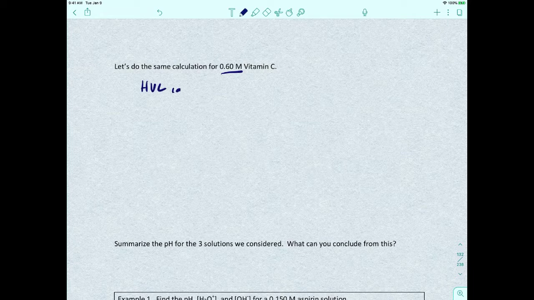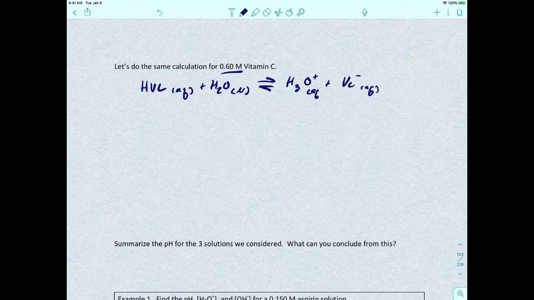So we've got ascorbic acid plus water in equilibrium with H3O+ and ascorbate ion. Both of these are aqueous. Initially we have a 0.60 molar concentration of ascorbic acid, no concentrations of ascorbate ion or hydronium ion.